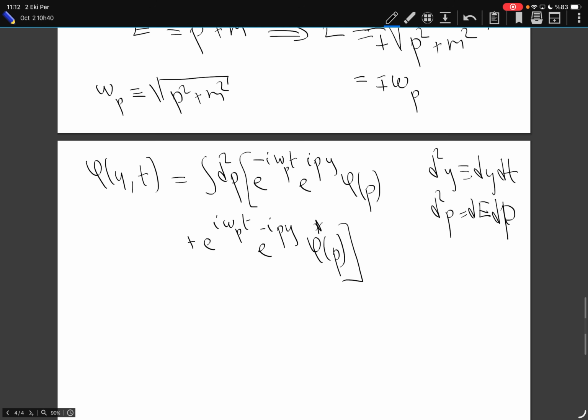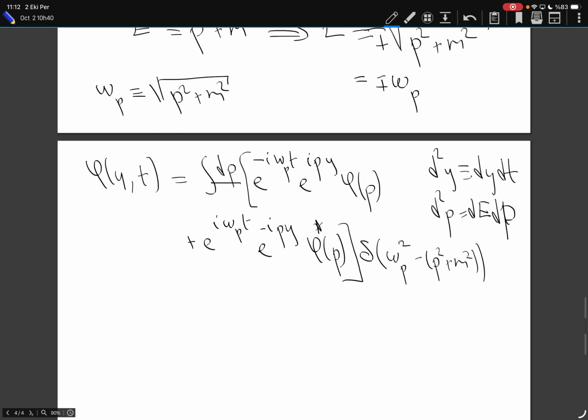And of course, I also have omega p squared equal to p squared plus m squared. So I don't really have two integrals over both energy and momentum. Energy is already fixed, so I actually only have an integral over the momentum, dp.